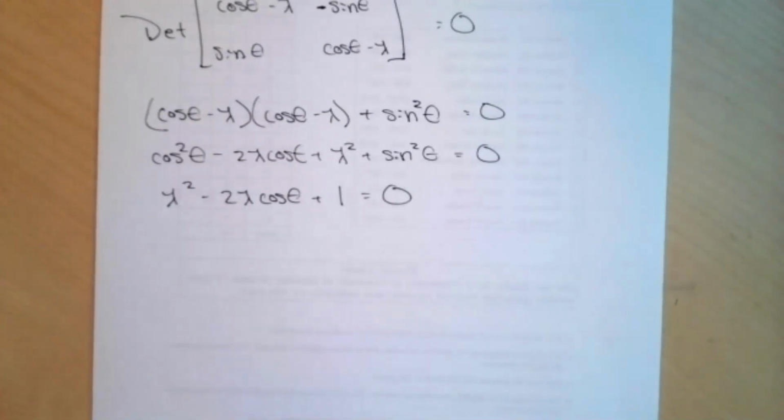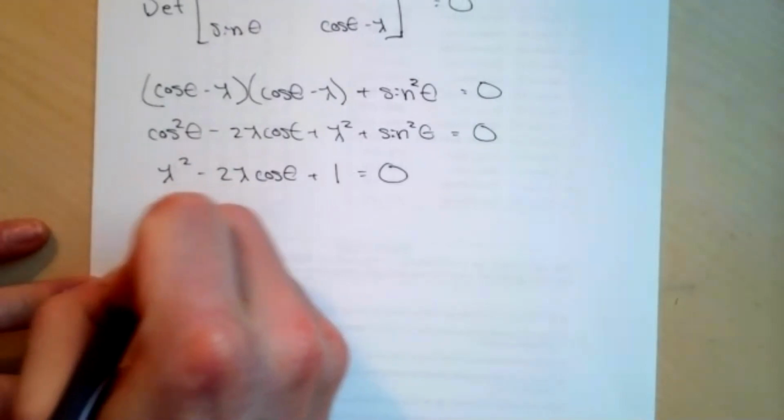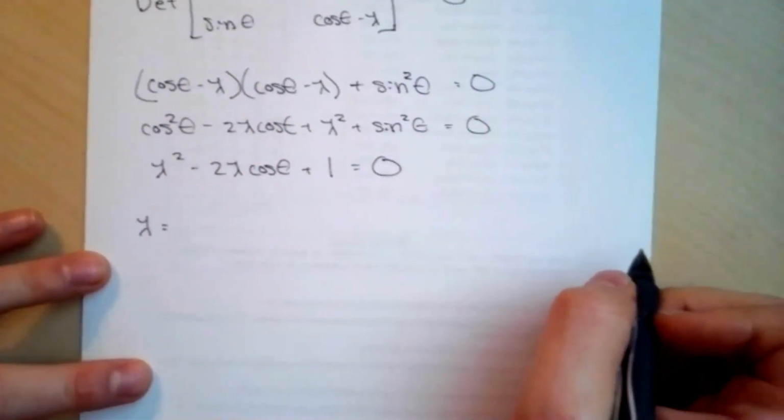And so now the question is, what are the values of lambda? What are the eigenvalues in this case? What do we got to use? Quadratic formula.